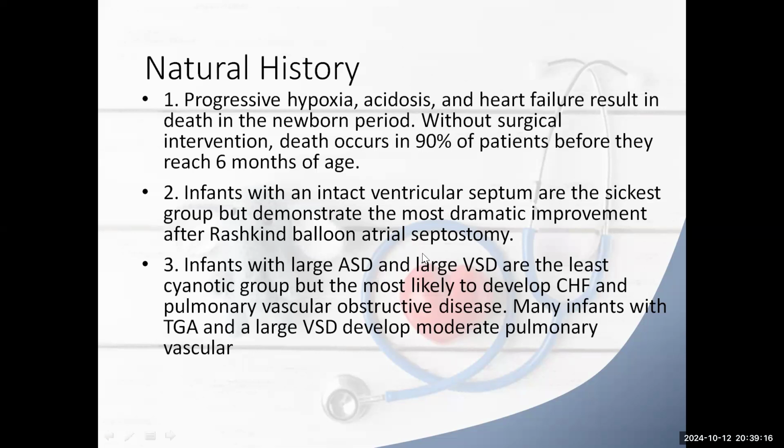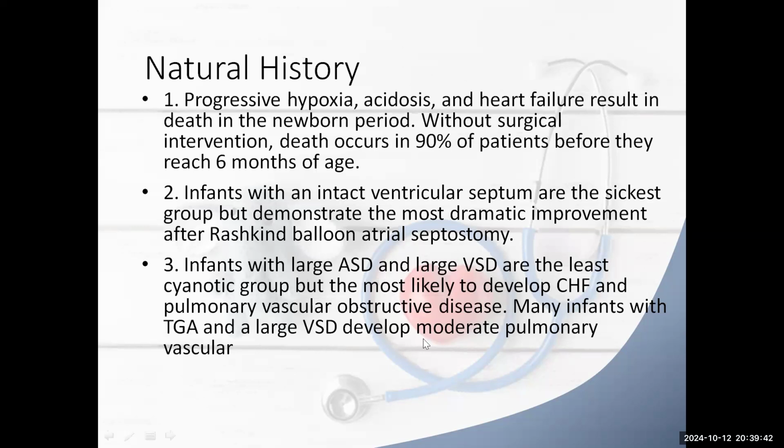If the patient has TGA with intact interventricular septum, his type is the most emergency type. He is the type of patient who needs medication like prostaglandin, and he will need intervention like Rashkind or balloon atrial septostomy.